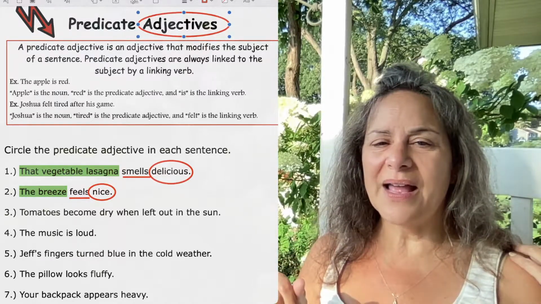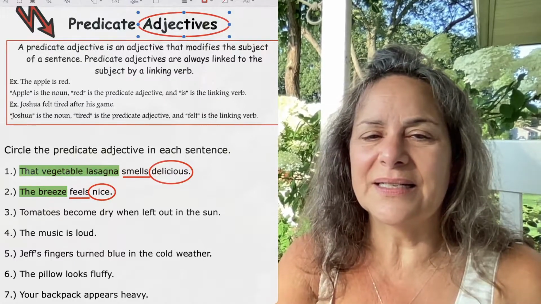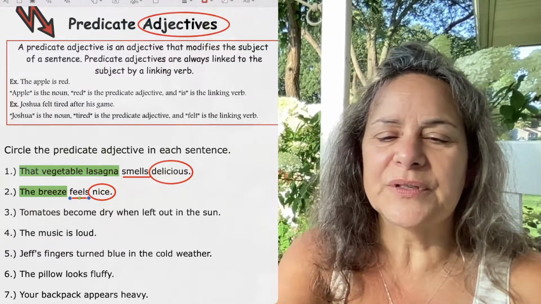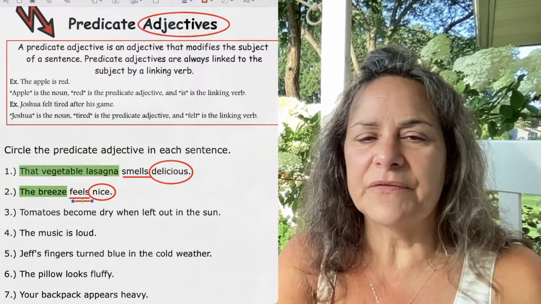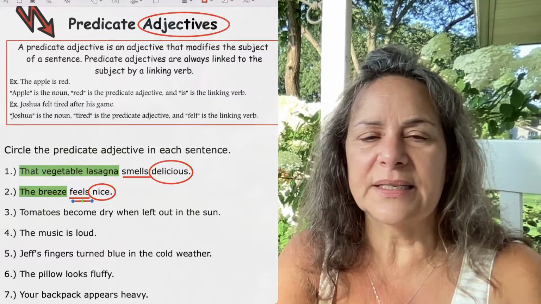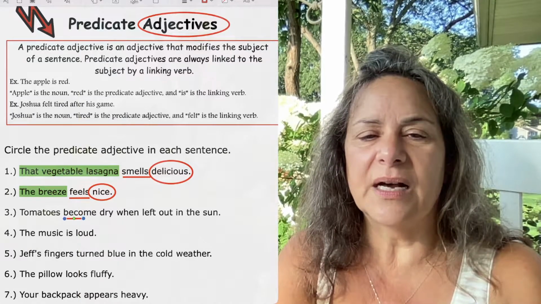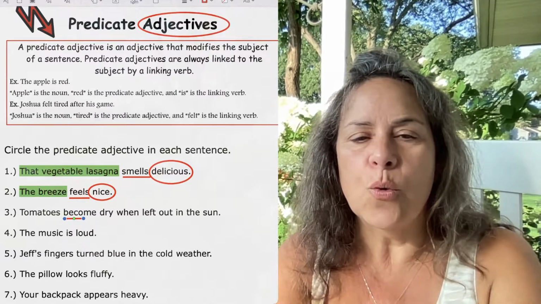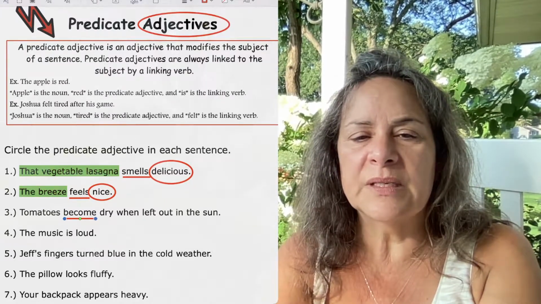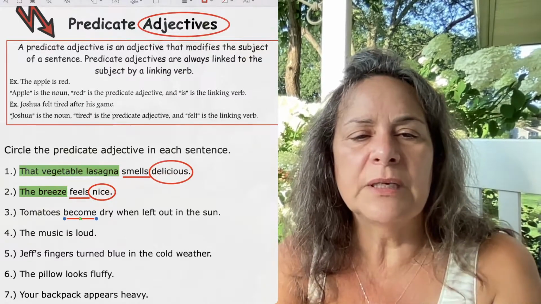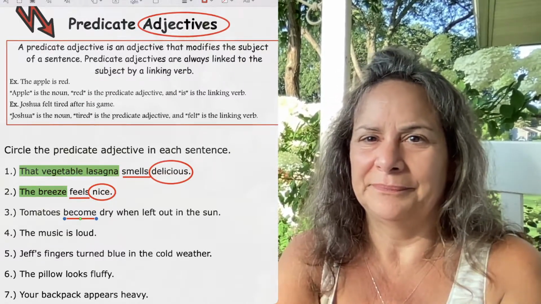Tomatoes become dry when left out in the sun. Let's take a look at, first of all, what is the verb? Where's the verb? Because it's a linking verb. Become. What become?